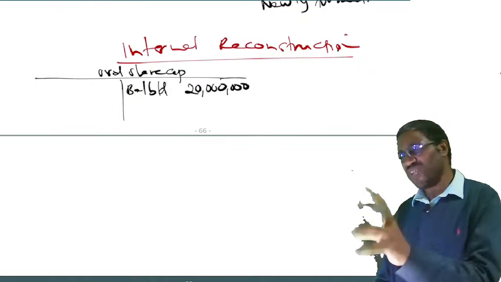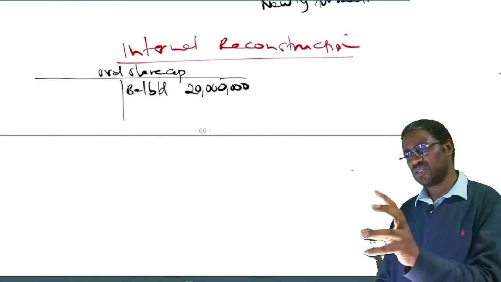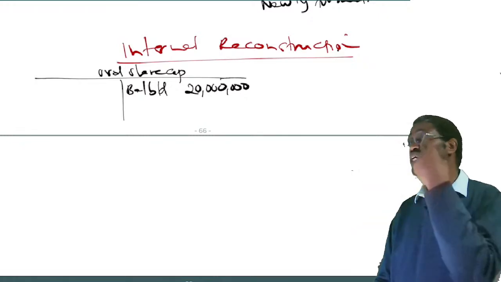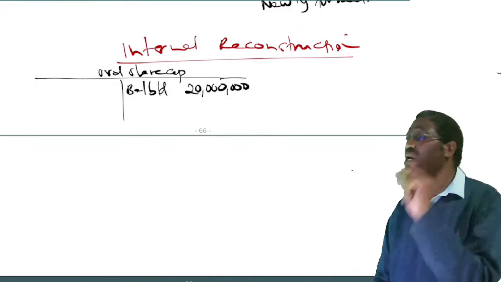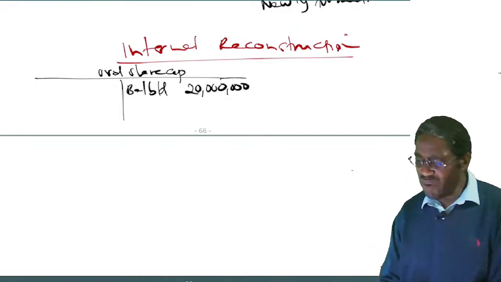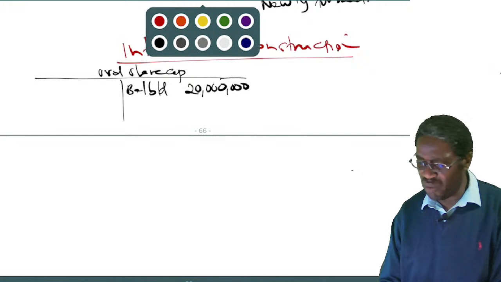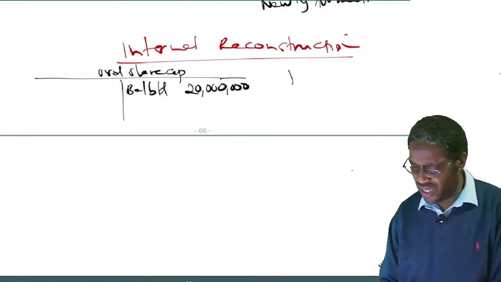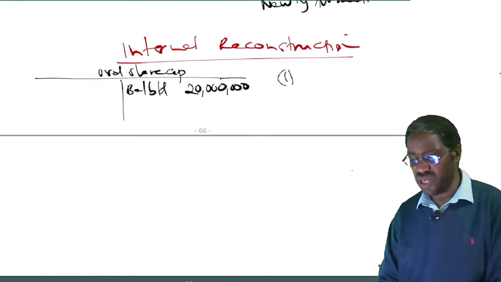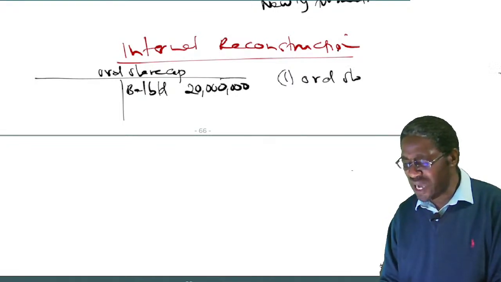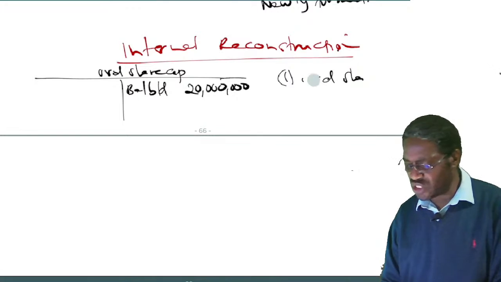Out of their 2 million shares, 1 shilling times 2 million comes to 2 million. So our number one entry in the internal reconstruction is the amount written off on share capital.